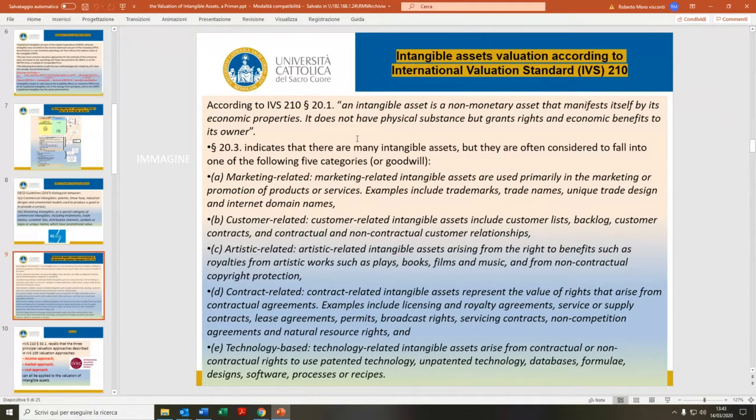Again, the intangibles can be marketing related, customer related, artistic related, we think about copyright, contract related, or technology based. So this kind of definition is wider than the one reported above and considered by the OECD transfer pricing guidelines.